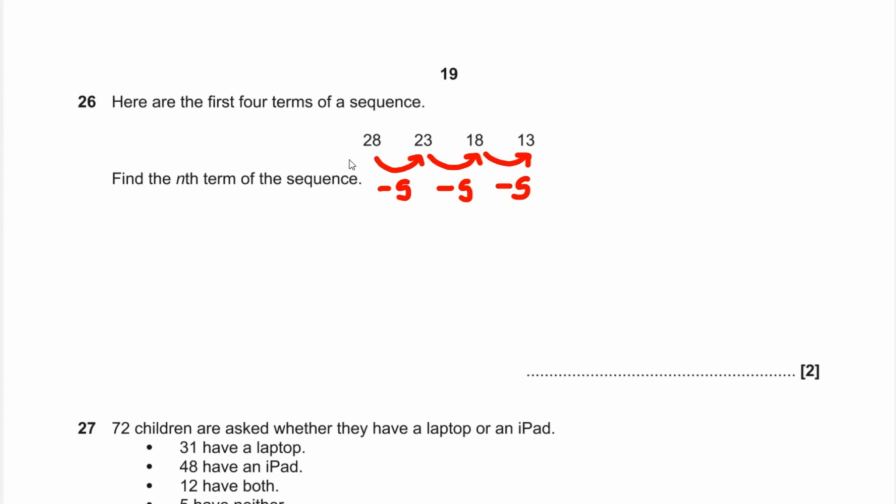So to find the 0th term, we have to do the opposite of subtracting 5, which is adding 5. 28 plus 5 is 33. And therefore, the nth term of the sequence is given by 33 subtract 5n.